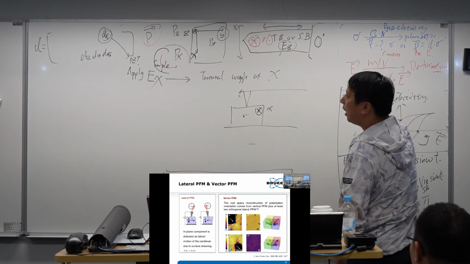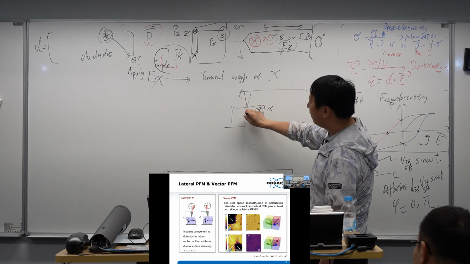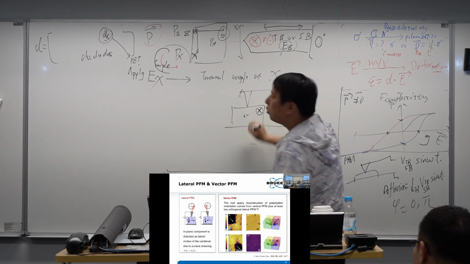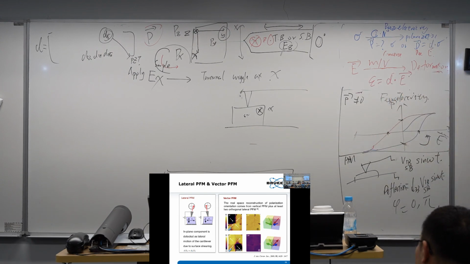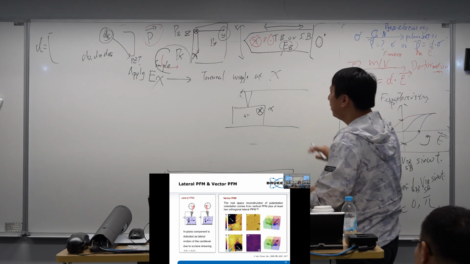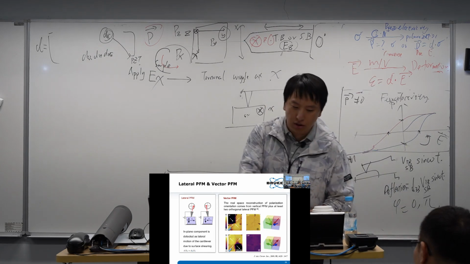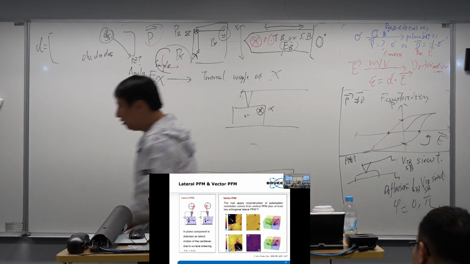So I need to apply the field in this way. Usually you can use an external source to do this. It's okay, you can use an external source. But if you still want to use the AFM setup, we can do that in this way.